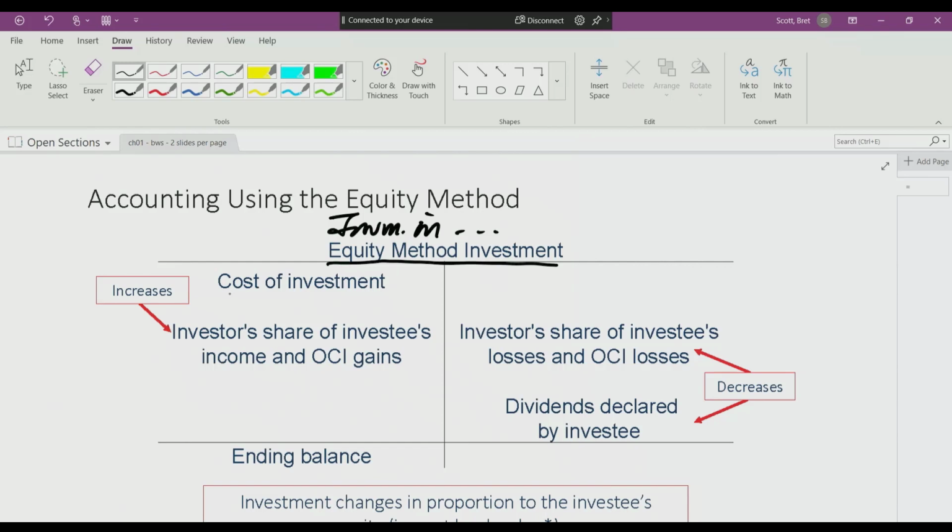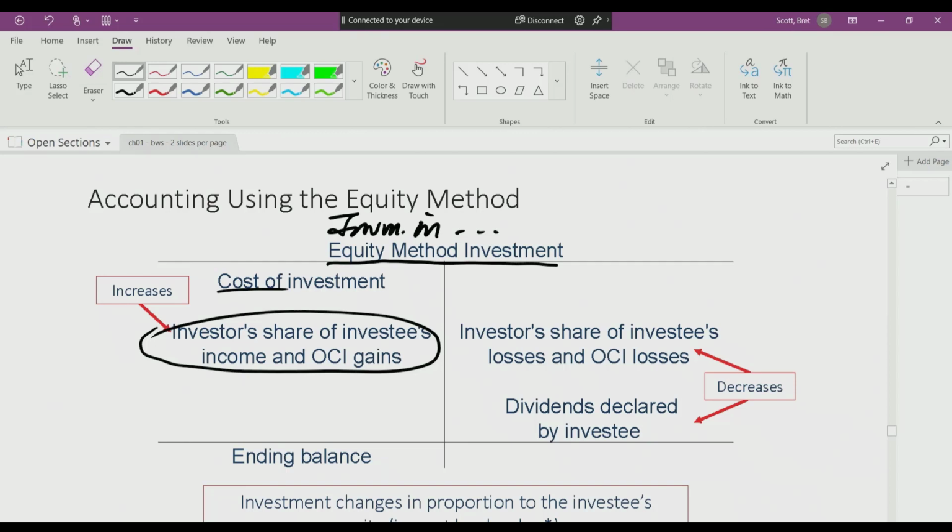We still record a debit for the cost of the investment. But here's the beautiful thing about the equity method. If our investee has net income, we get to record some of it in our financial statements. We didn't do anything. All the work was done by the investee, the subsidiary.